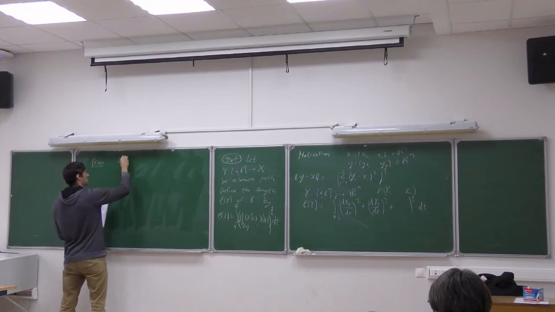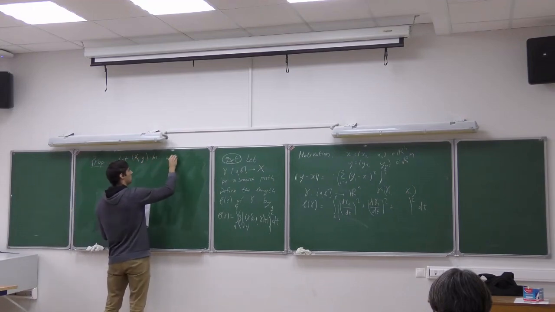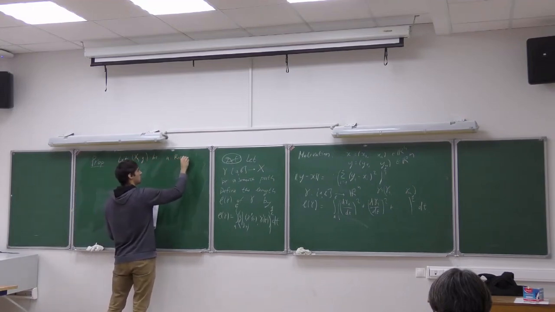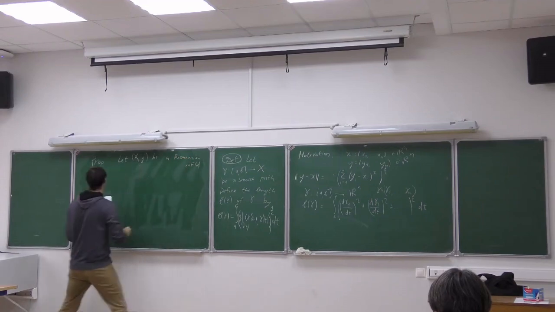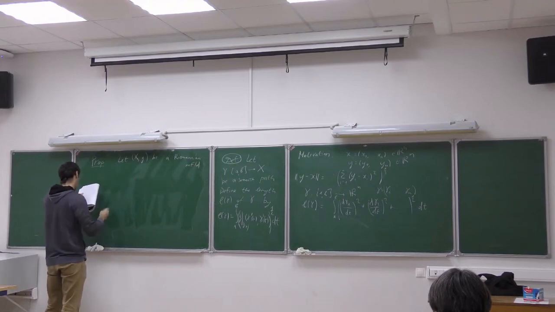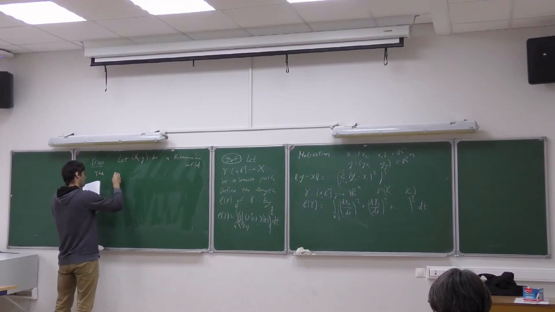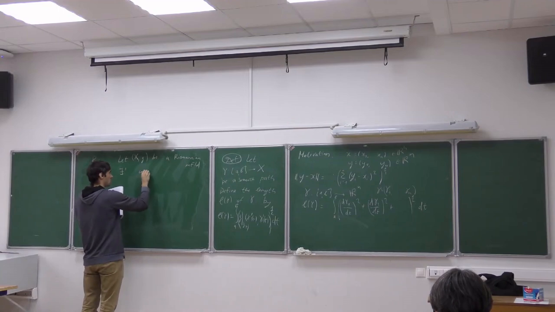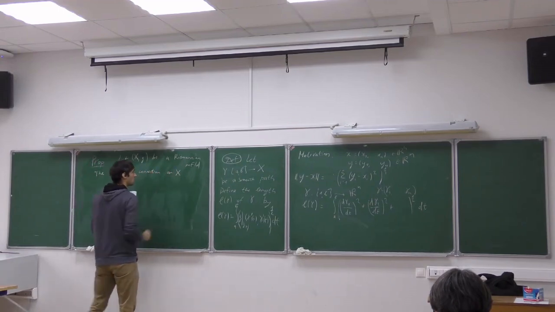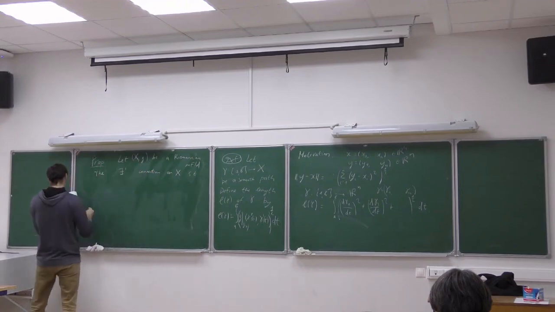Let (X, g) be a Riemannian manifold, and then there exists a unique connection on X such that two things are satisfied.